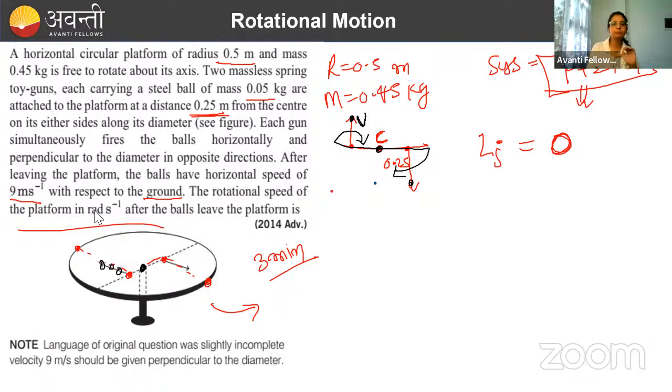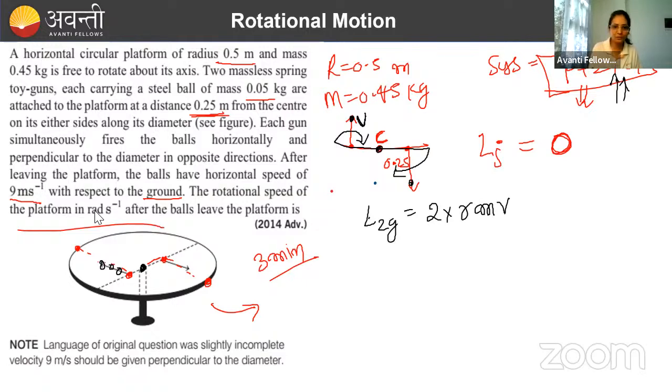So inside the system, if we are firing these balls, the two gun balls will gain angular momentum in the same direction. Then how much angular momentum because of two guns? That is equal to 2 R m v_b.